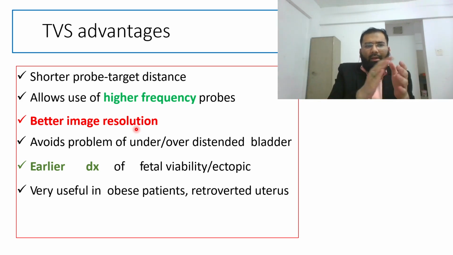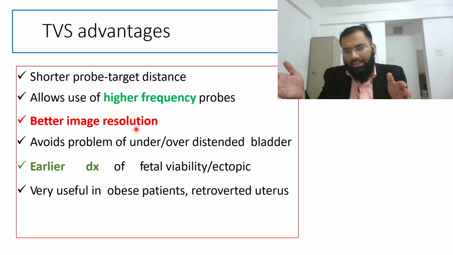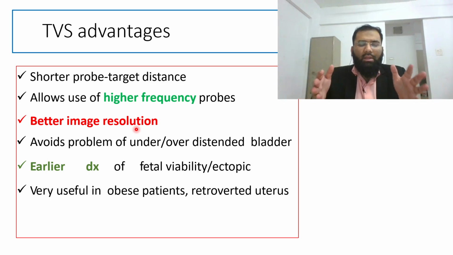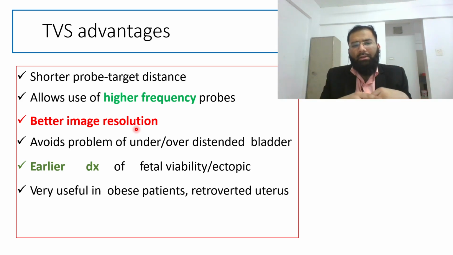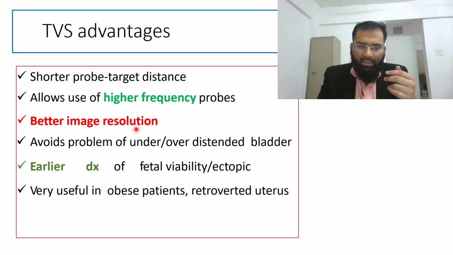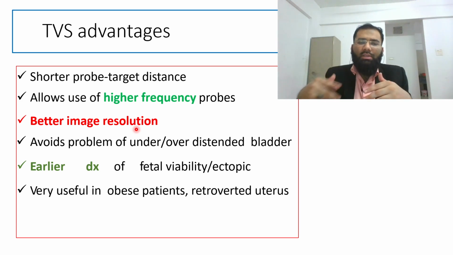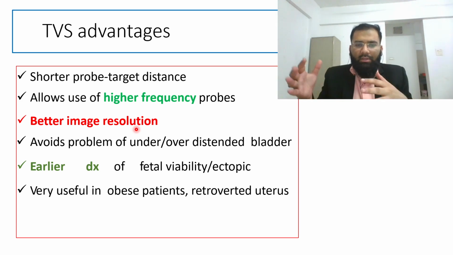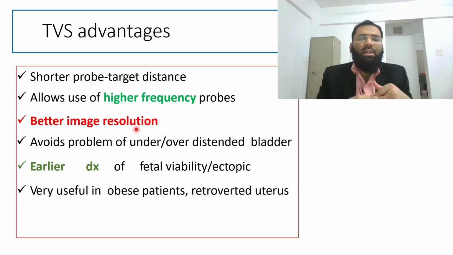So we'll see that as compared to transabdominal scan, transvaginal scan can detect pregnancy early. So all changes of pregnancy, be it yolk sac, be it the cardiac activity, be it the CRL, be it the fetal pole, all these are seen earlier. They are caught up early on transvaginal scan.